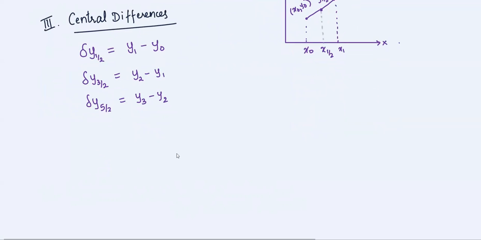Similarly, delta y n minus 1 by 2 is yn minus yn minus 1. So this is the central difference. In general, this is called the first central difference.